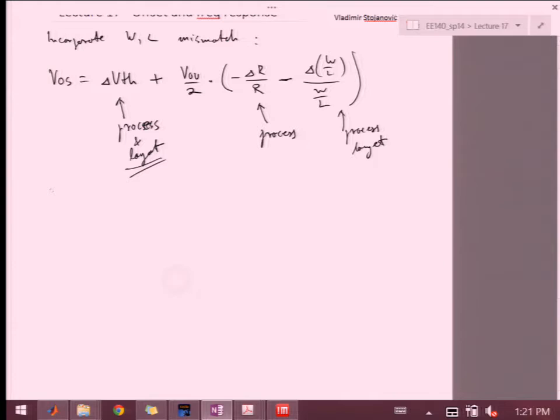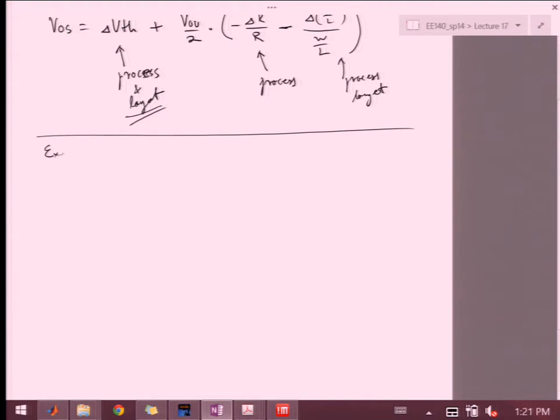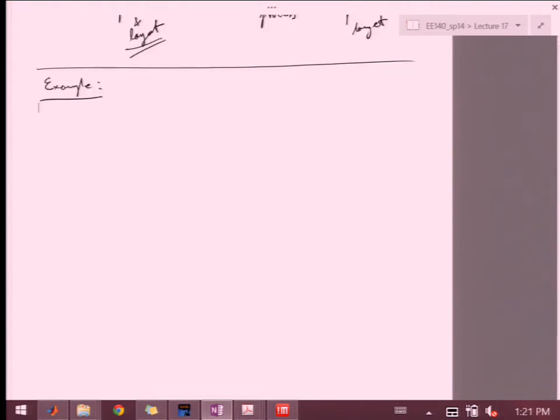Let me give you a simple example for the one above, just so you can see some of the trade-offs. Let's say VTH1 minus VTH2 is 10 millivolts.